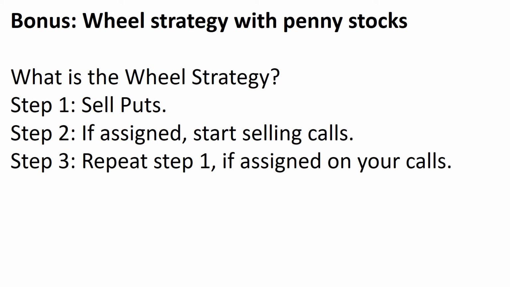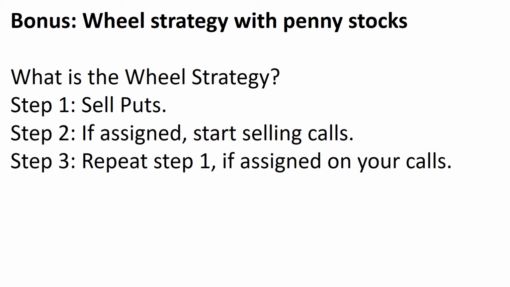The wheel strategy is simply a case of you see a stock you want to buy, you know what price point you want to get in on the stock, you keep selling puts on the stock until you get assigned, and if at a point in the future you get assigned, then you start selling calls on the same stock until you get assigned, and if you get assigned, you go back again and start selling puts. So it's like round and round and round with a particular stock.